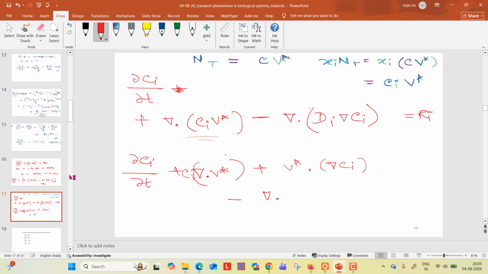Di is the diffusivity, which is constant for a system. So we can write minus Di into grad square Ci, right, equals Ri, right?